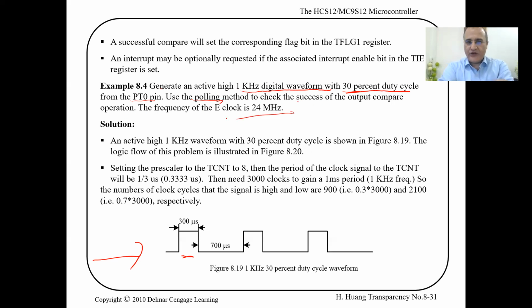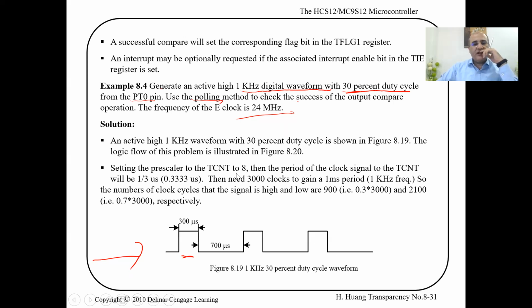The frequency of the E clock is 24 megahertz. The logic flow is that you want to go high for some amount of counts, then go low for some counts, then high, then low, and so on.